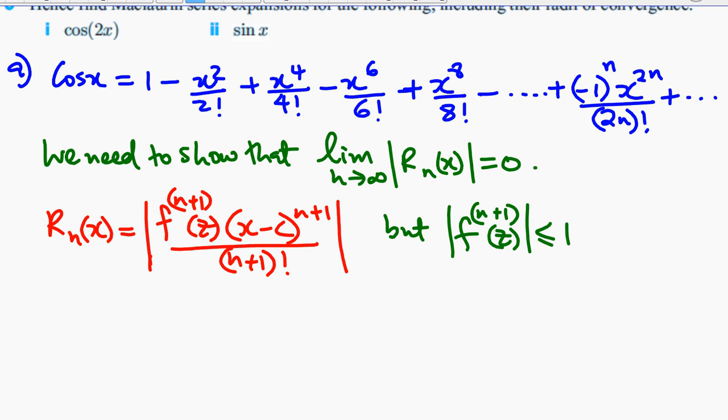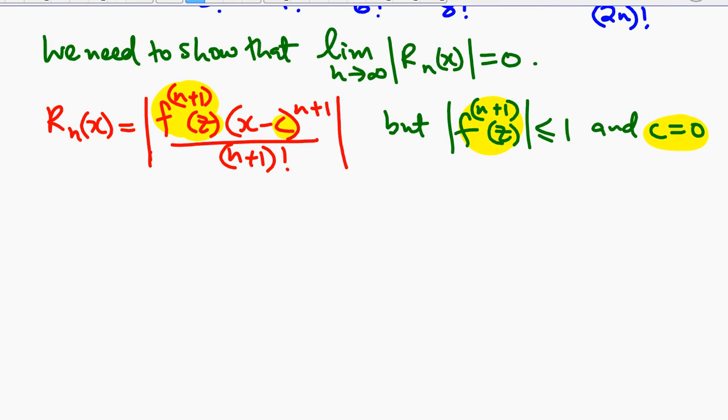Because it's cos x, the nth derivative of cos x will just be either sine x or cos x, and the values of sine x or cos x at any value of z are less than or equal to 1. And we know that c is equal to 0, which makes my expression for the remainder term much easier.